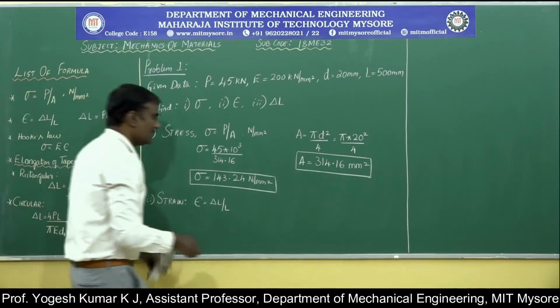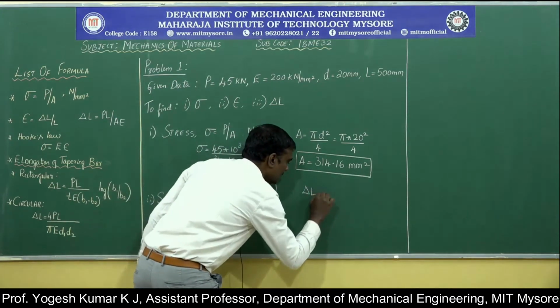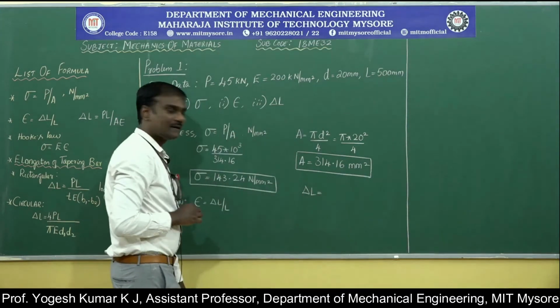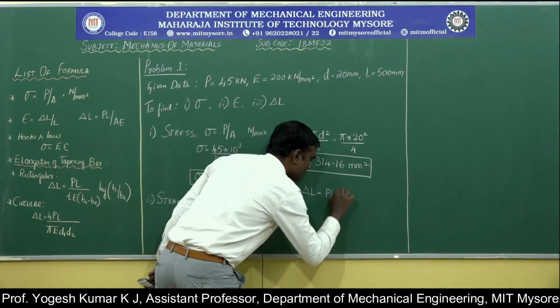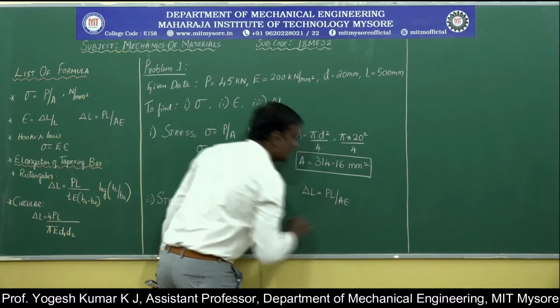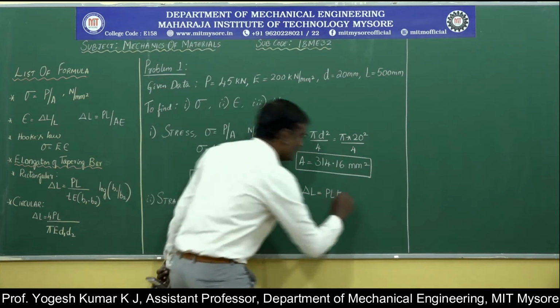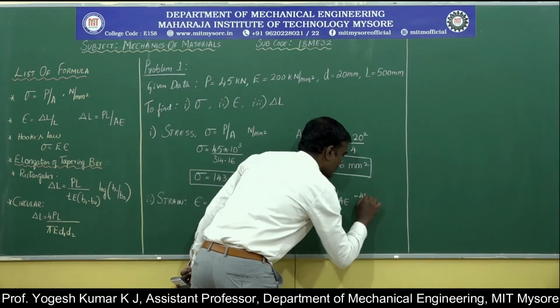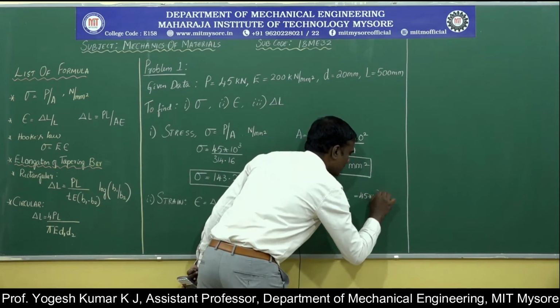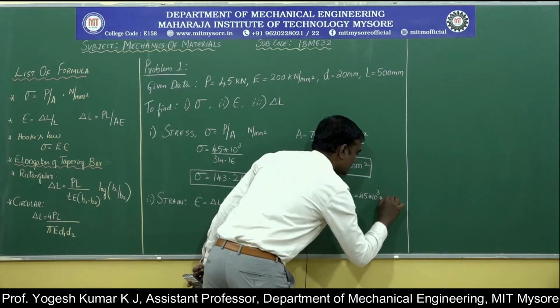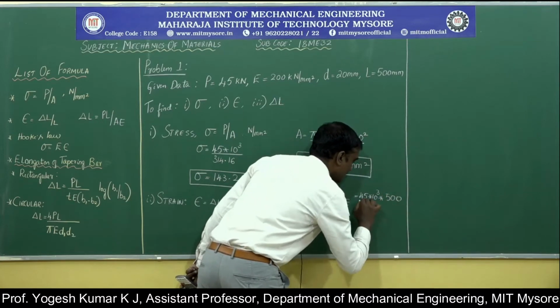Let us find out that delta L. Delta L is PL by AE. P we know as 45 into 10 power 3. The length of this member is 500 mm.